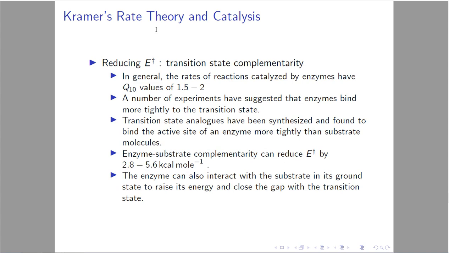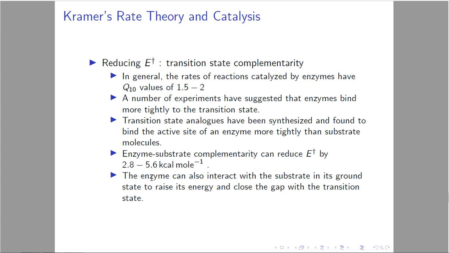In general, the rate of reaction characterized by enzymes has a Q10 value of 1.5 to 2. Okay, so enzyme transition state stabilization can reduce E dagger by 2.8 to 5.6 kilocalories per mole. Okay, so you can reduce the activation energy.